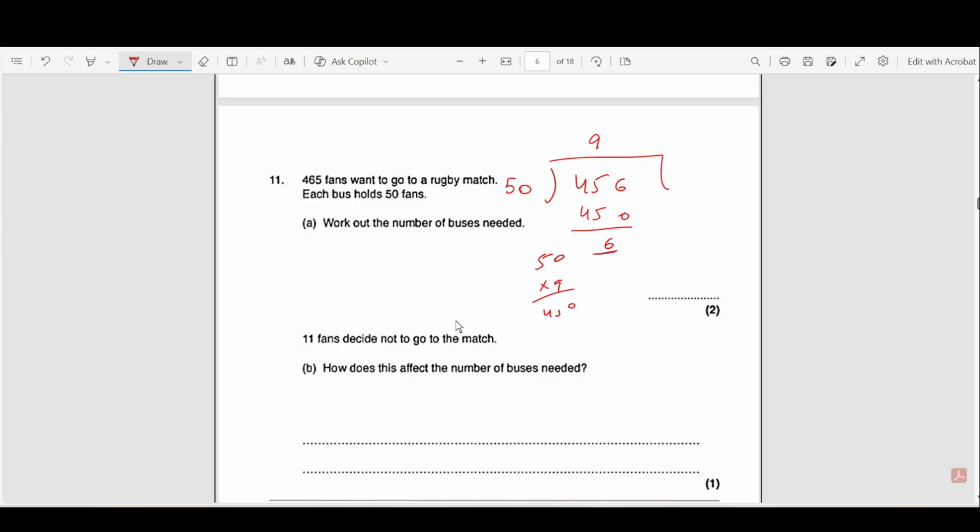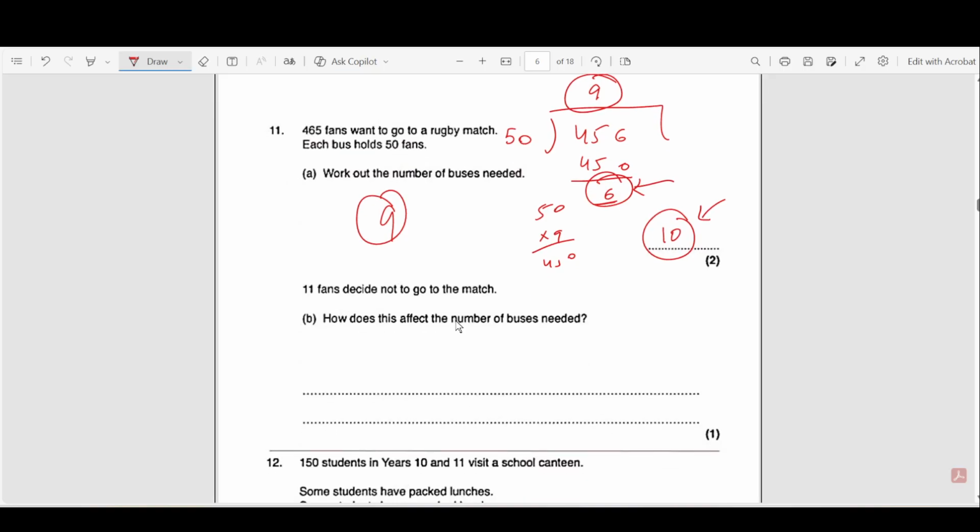So if we take 9 buses, 6 fans are left, right? So that means we need 10 buses so that all of them can go, right? If I say 9 buses, 6 of them would be left, so the answer is 10 buses are needed.